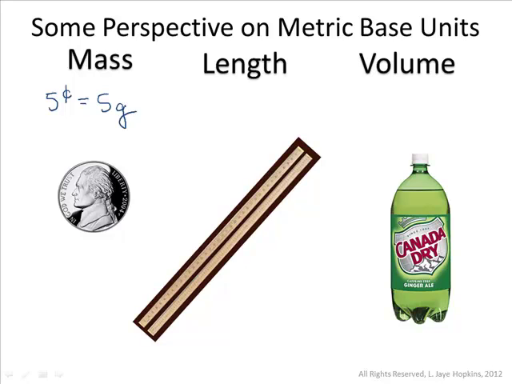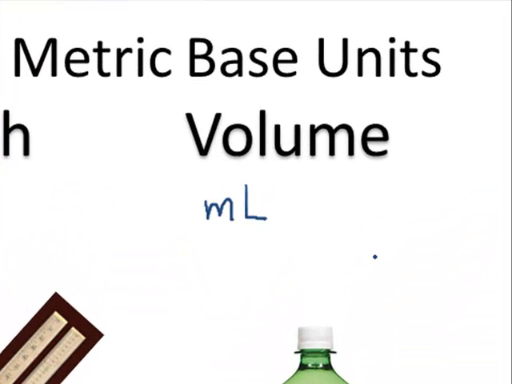Also, it's good to know about one of the other units that's often used in the metric system, which is the milliliter. A milliliter is 1,000 times smaller than a liter. But beyond that, it's also equivalent to the amount of liquid that can be held in a space that is exactly 1 centimeter by 1 centimeter by 1 centimeter. In other words, a cubic centimeter.